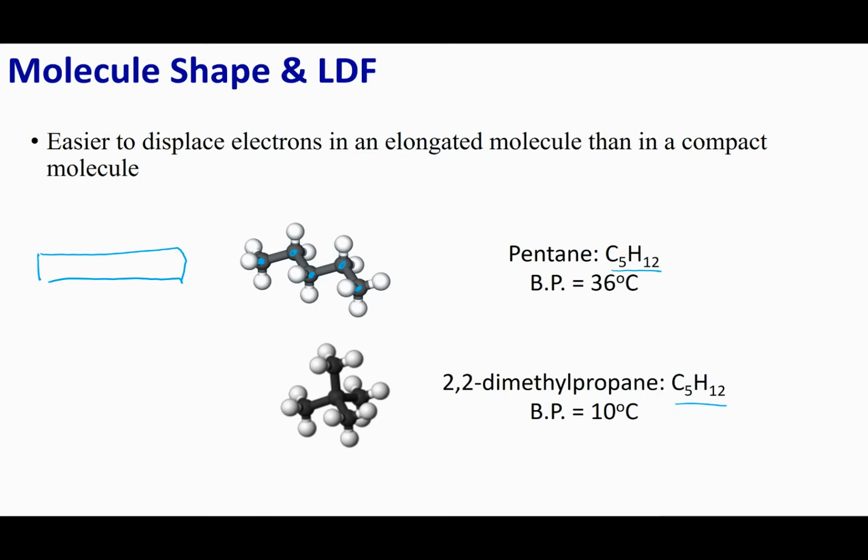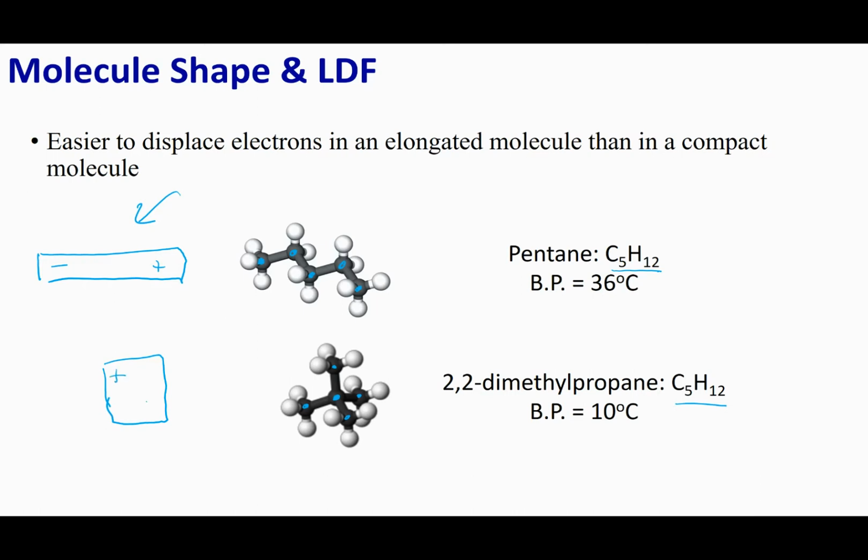The second molecule we have, well, I have a central carbon, and then all my other carbons kind of radiate out from that center. So to kind of show you how this one looks, and to depict it, it kind of looks like a box. Now, what's going to occur with this is that this one is more elongated, so there's more of a chance for the electrons to slosh to one side, making this more of a bar magnet where there's a greater disparity of a negative side and a positive side.